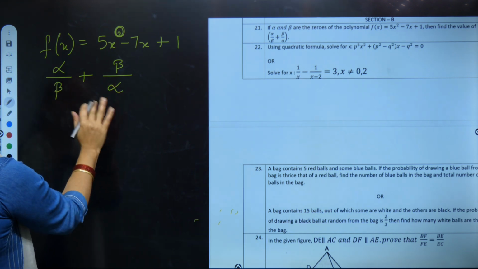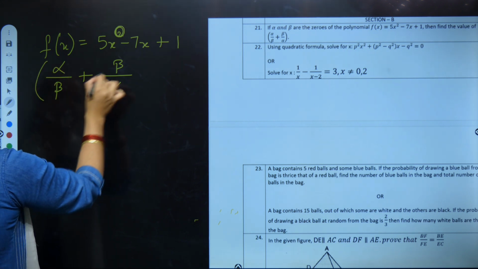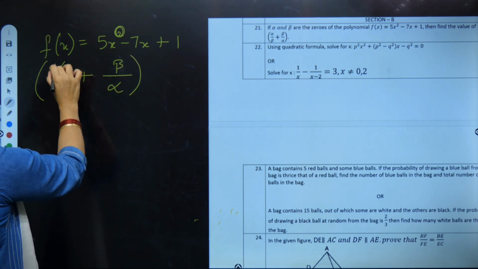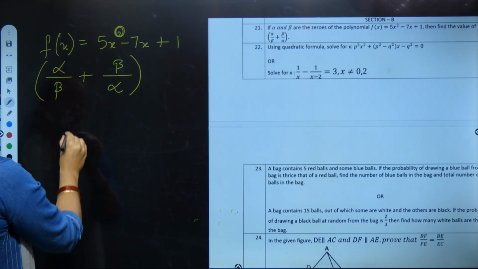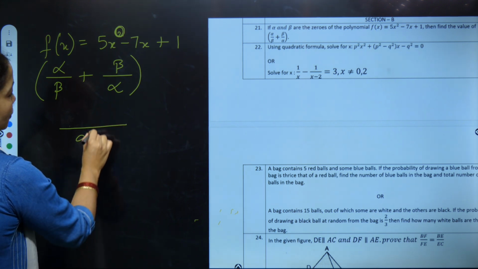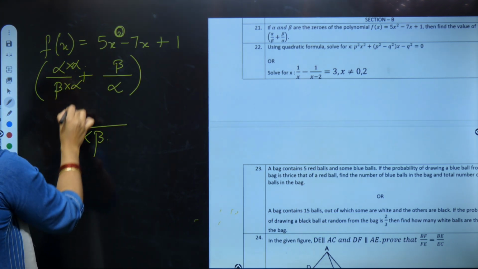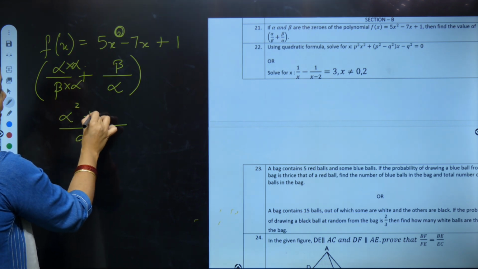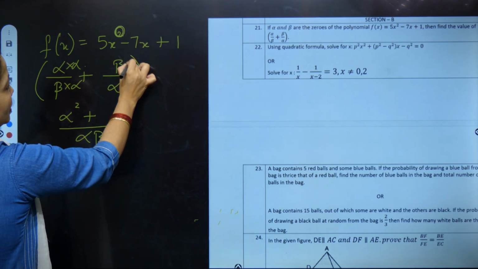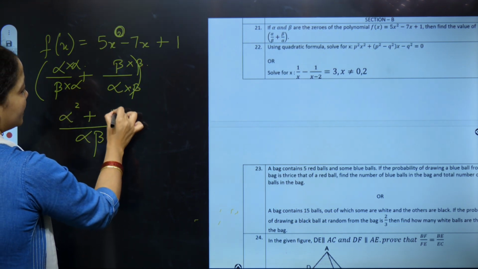Therefore, I am just taking the LCM of what I have to find here: alpha by beta plus beta by alpha. My LCM is alpha into beta. Here an alpha is missing, so I'll multiply the same on the above, so this gives me alpha square, plus here a beta is missing, so I'll multiply the same on the above, beta square.